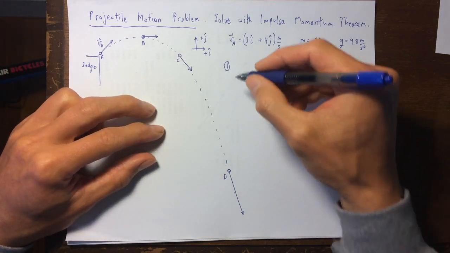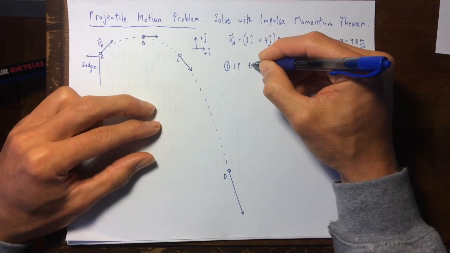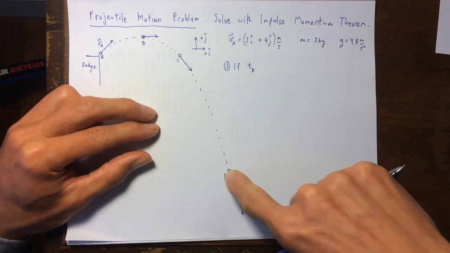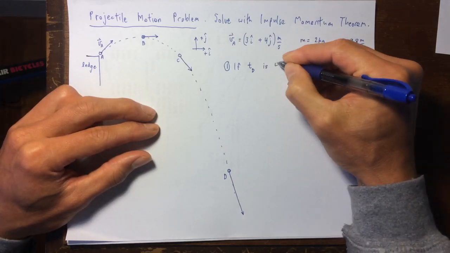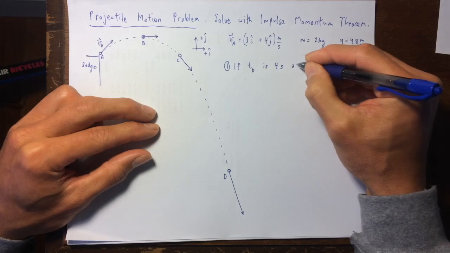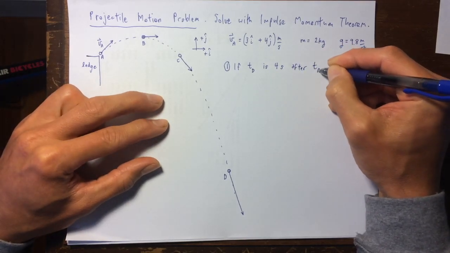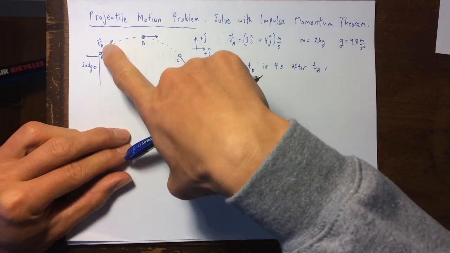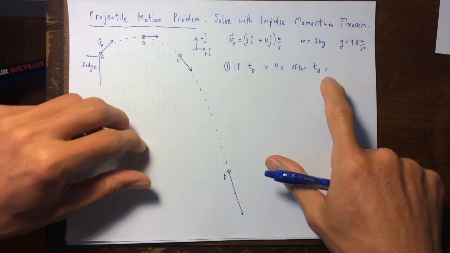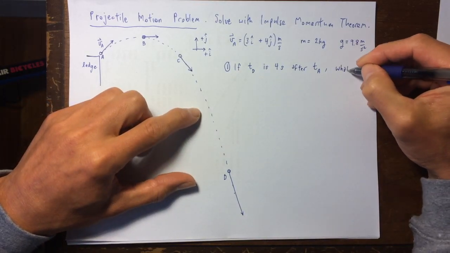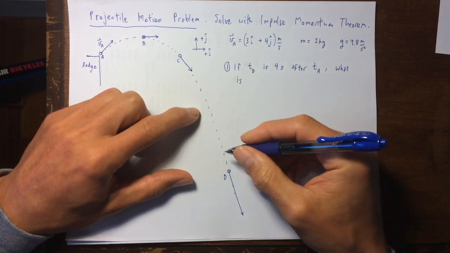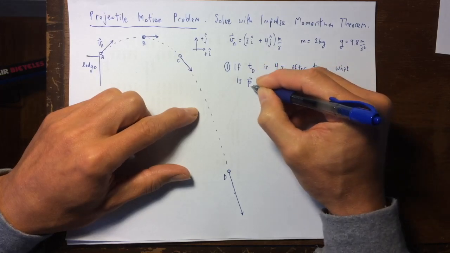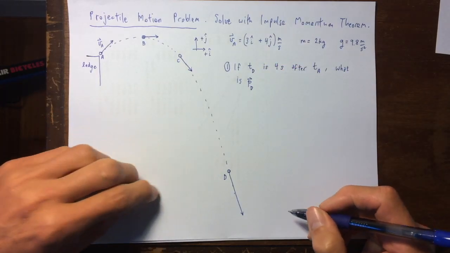The first question is, if the time associated with the projectile being there, if t sub d is 4 seconds after t sub a, which is the beginning of the projectile motion, the time at which the projectile has that velocity there, the question is, what is p, the momentum, at the time d?